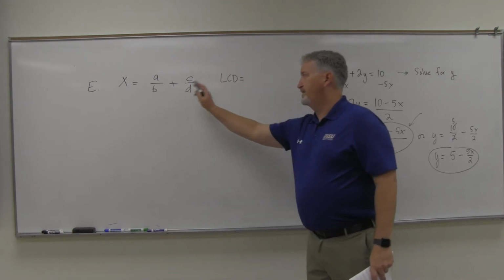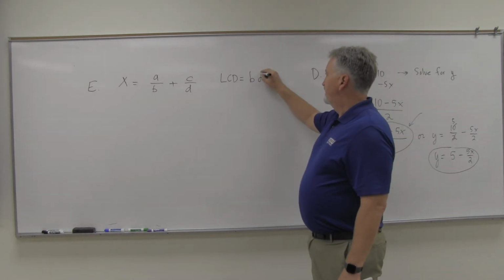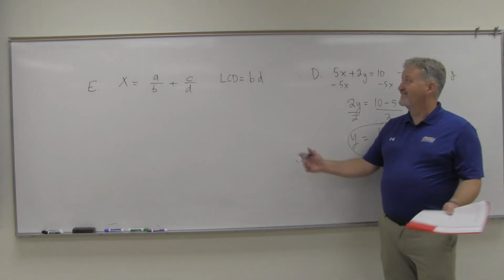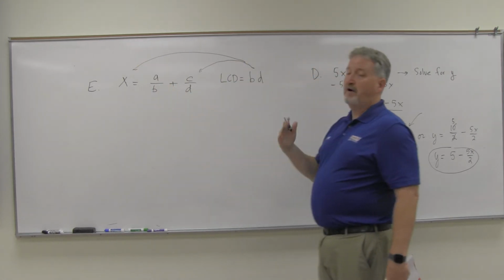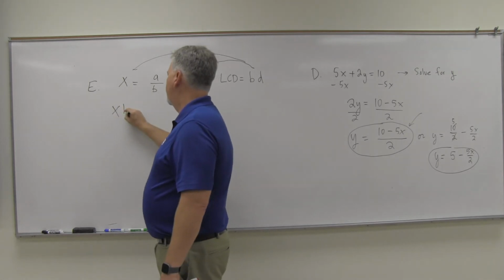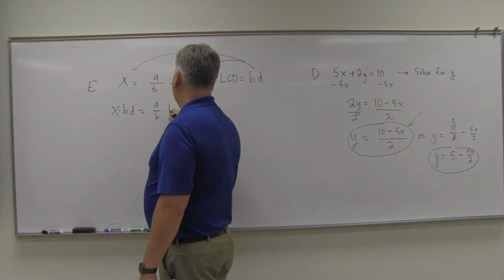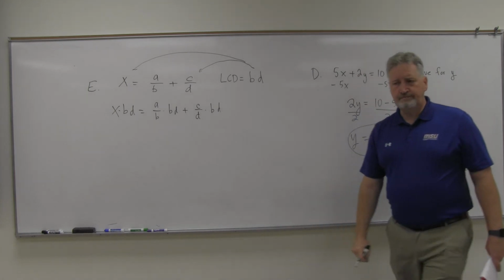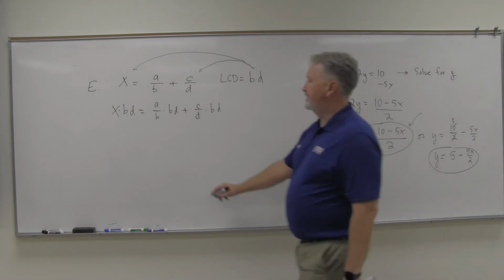Well, you got a denominator B, you got a denominator D. BD is our least common denominator. What do we do with that? Multiply that by both sides, or all parts. Multiply by BD. So we got XBD times BD, then we got A over B times BD, and then we've got C over D times BD. And then cancel things out that we can.